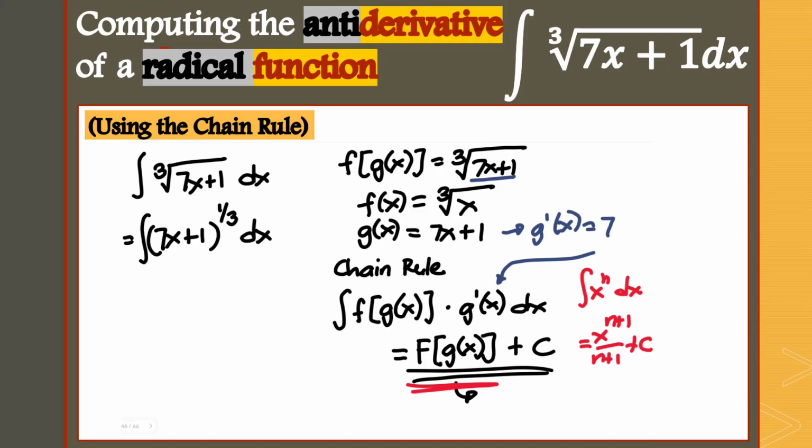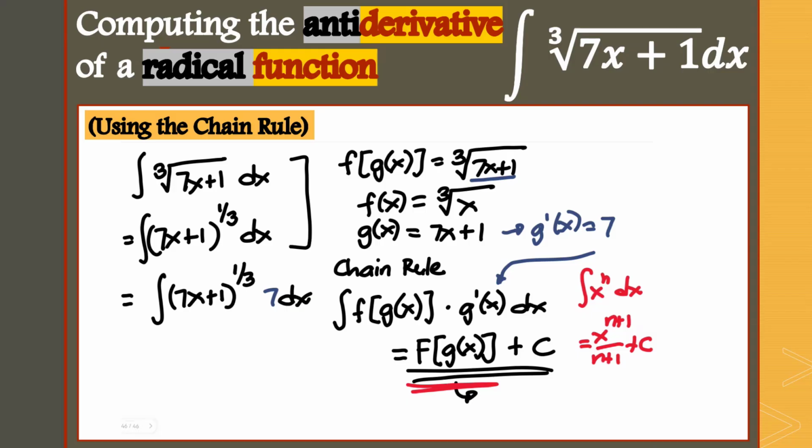But before, as mentioned, let's try to introduce g prime of x here so that the chain rule is applicable. So you have here the integral of 7x plus 1 to the power of 1/3, and then a factor of 7 before your dx, so that the chain rule is possible. But look into this form, 7 is nowhere to be found here, the factor of 7.